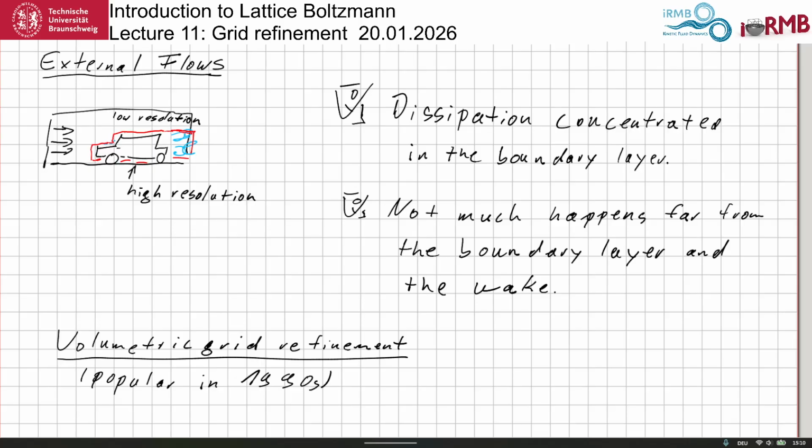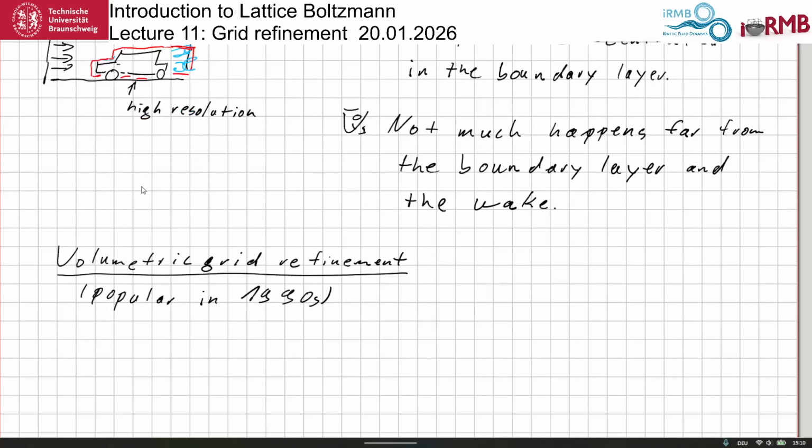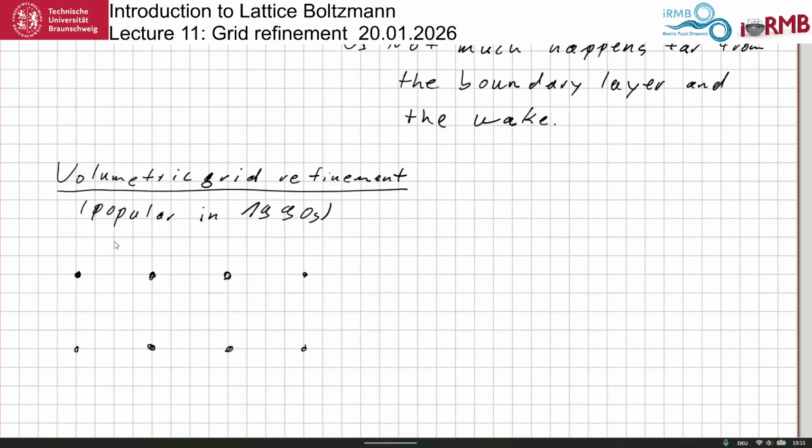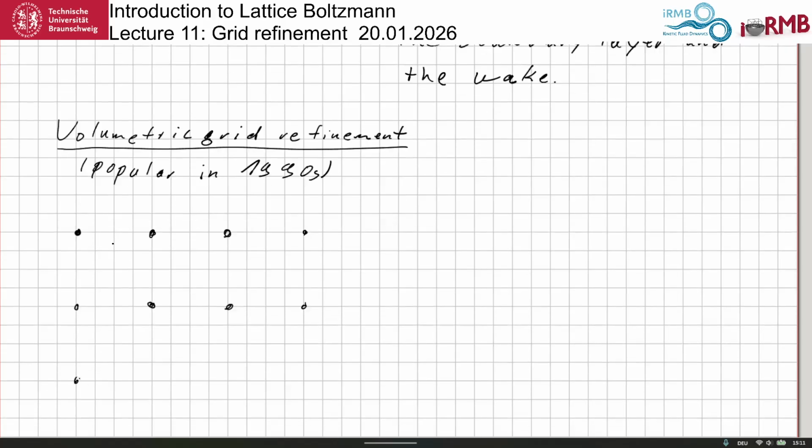Now, how does this work in principle? Some of these things are still in use, some are no longer in use, but you will try to understand the history. So today I have to draw a lot. Say this is a coarse grid of nodes.